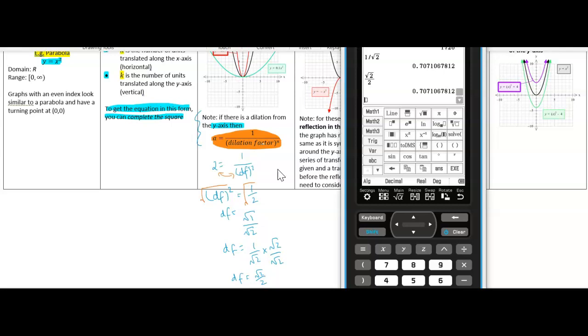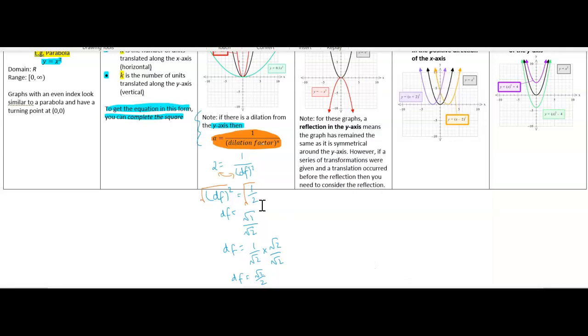All right, so what we'll say for this particular example, if you had y equals 2x squared, if you're just looking at the dilation factor, it's been dilated by a factor of 2 from the x-axis.